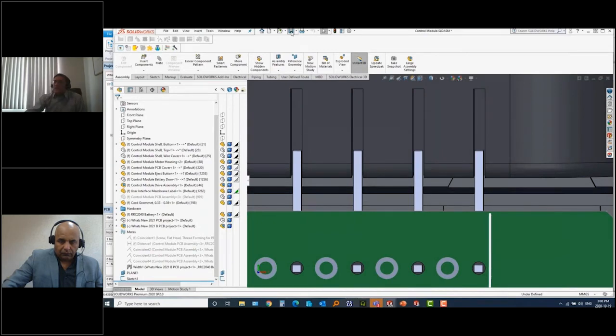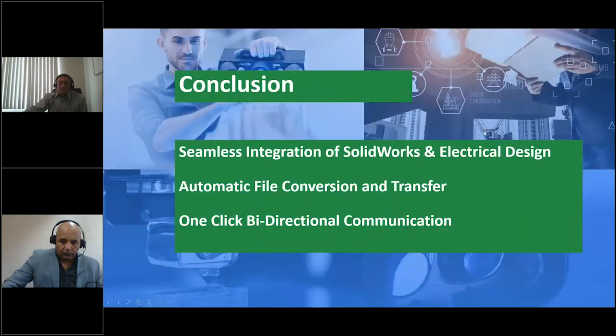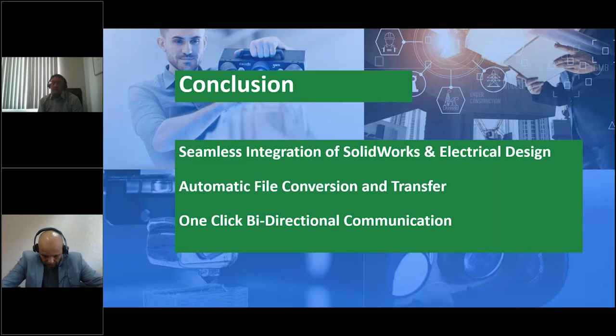So as you can see, you can have complicated board shapes, very complex placement of components, much easier done by this back and forth, which is almost seamless. So what I will say in conclusion is that we have a seamless integration of SOLIDWORKS and electrical design. And by electrical design, I mean both electrical schematics, power system, as well as PCB.